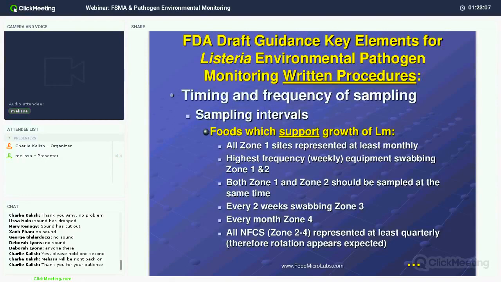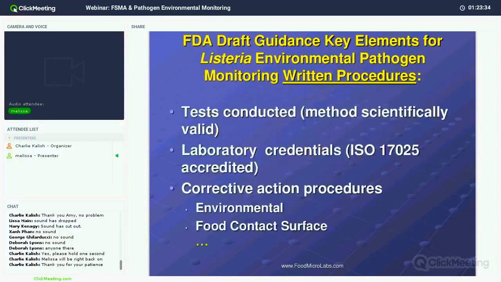So what that implies is that they're thinking that rotation of sample sites would be utilized, but remember that minimum of 5 swabs per line for the very smallest facility. So what that means is that zones 1 and 2 really would be those numbers of samples, either weekly or monthly, depending on whether they support the growth or not of Listeria, and that's how that goes.